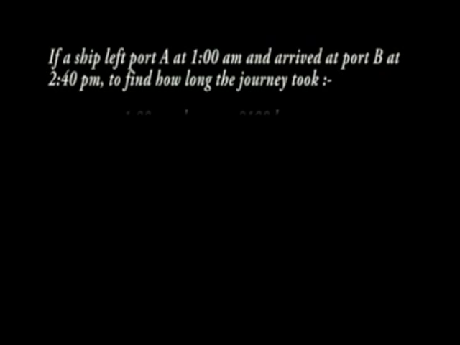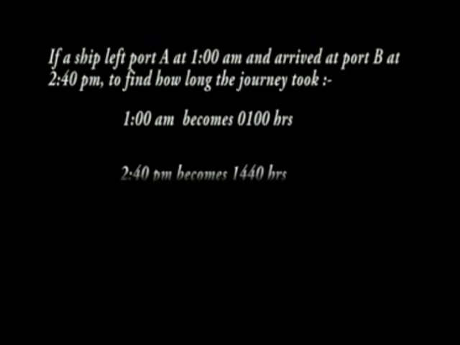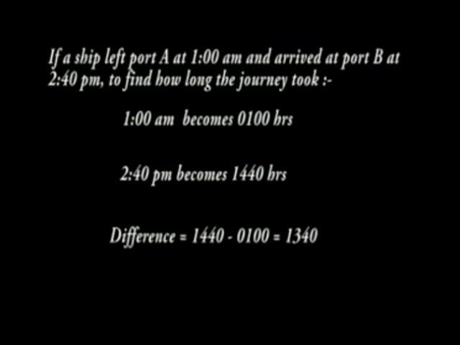We have 1 AM becoming 1:00 hours, 2:40 PM becoming 14:40 hours. The difference is 14:40 minus 1:00, which is 13:40 hours. It therefore took the ship 13 hours and 40 minutes to sail from port A to port B.